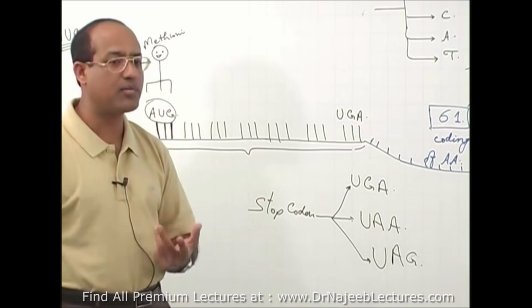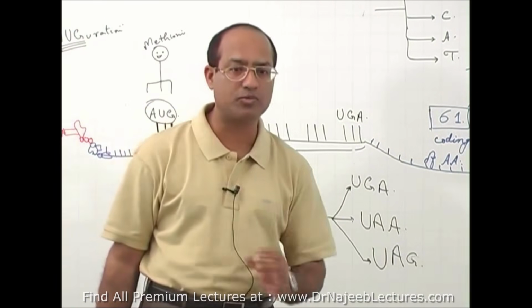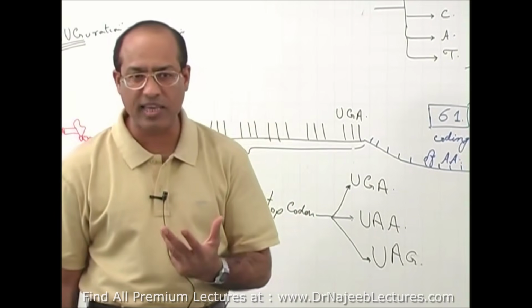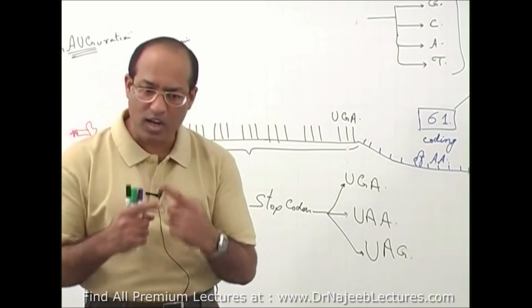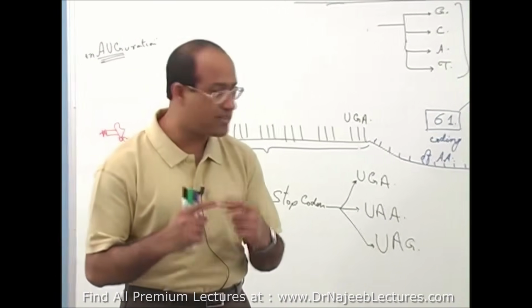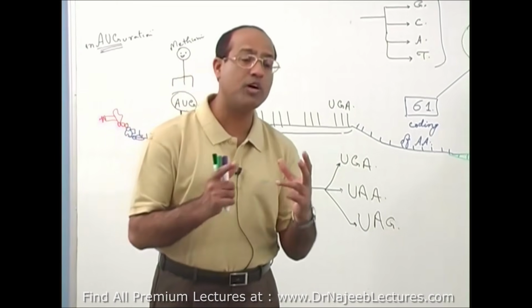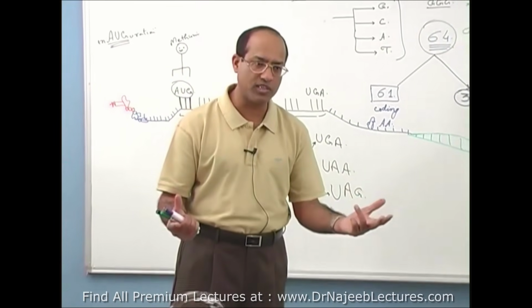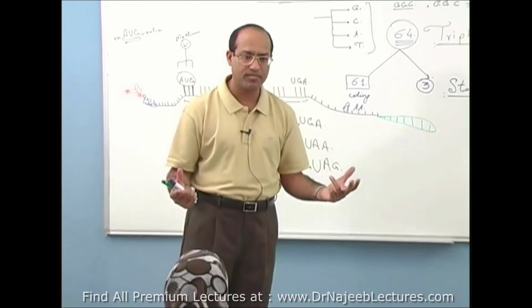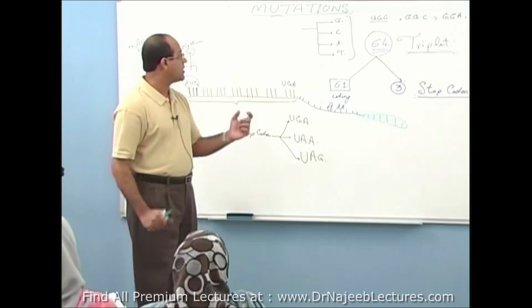So what did we learn up to now? We are talking about the genetic language, because first we should concentrate on what the genetic language is, then we'll see how there are abnormalities in that language, and how those abnormalities end up as mutations, and what the effects of mutation are, right? Let's come back.